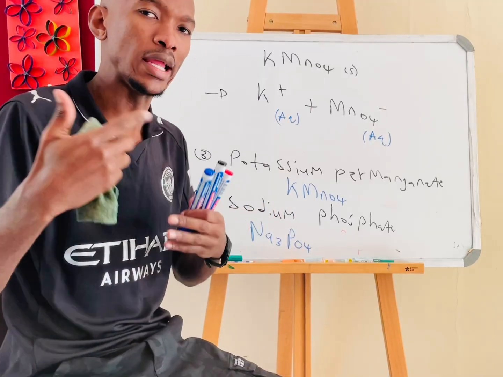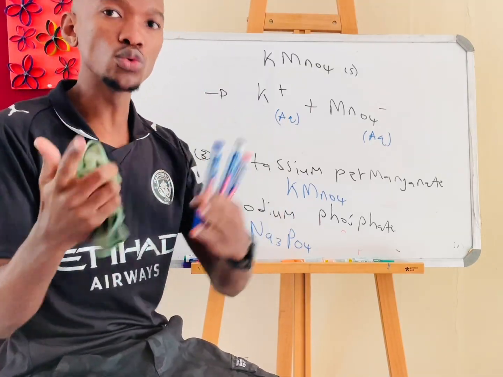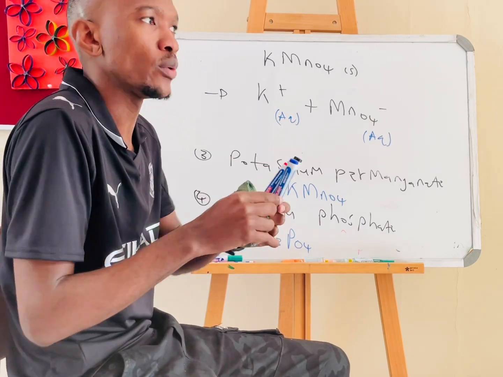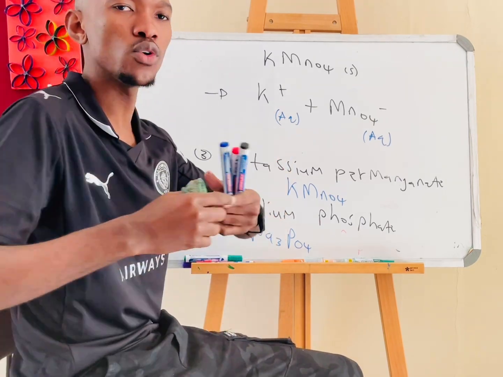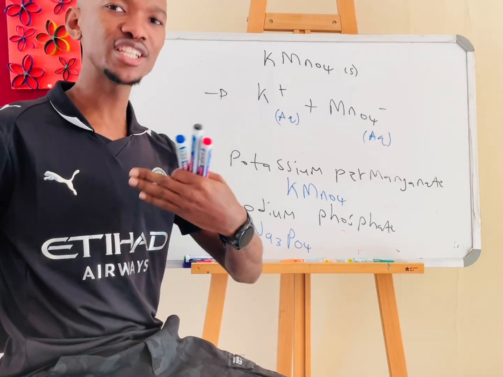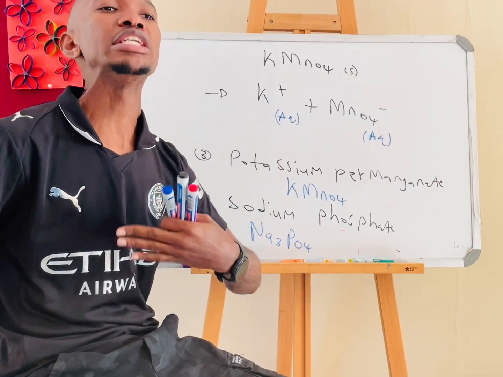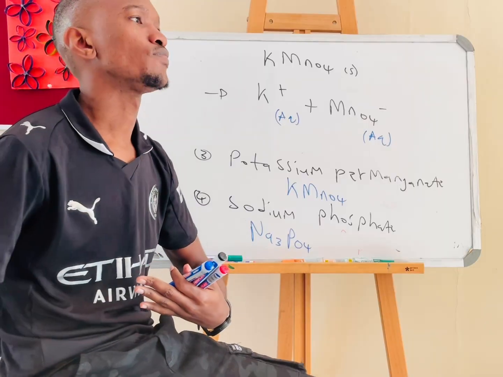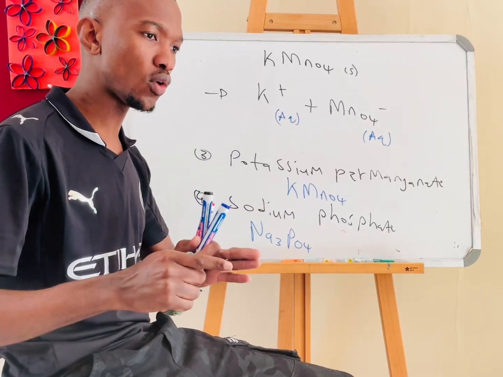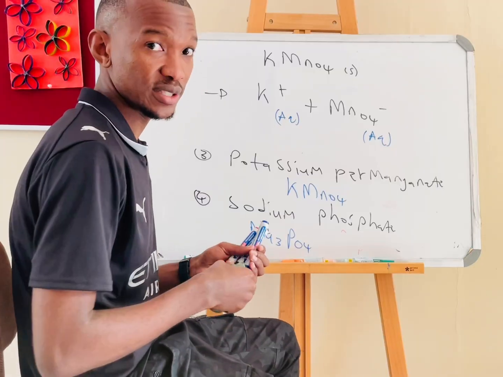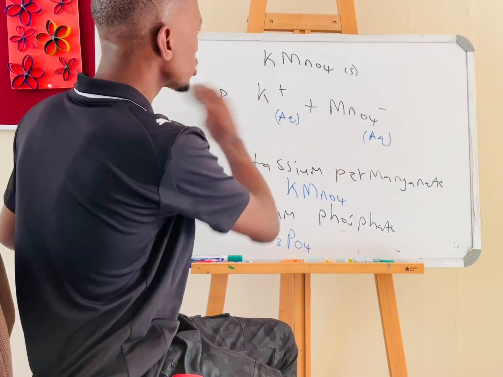You must also learn your solubility rules, because some substances are not soluble in water. They are insoluble, and whenever they are insoluble, they tend to form what you call a precipitate. A precipitation reaction is a reaction in which a substance tends to be insoluble. You get it? An insoluble substance, we call it a solid substance. That's a precipitate. All right, so this one is balanced.